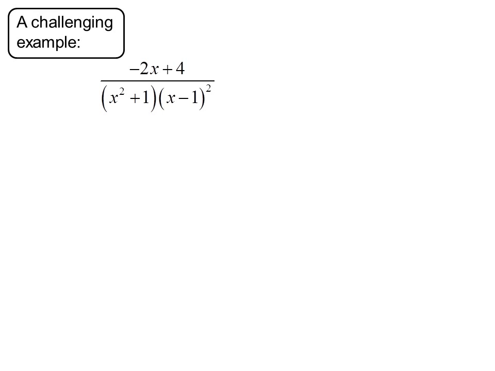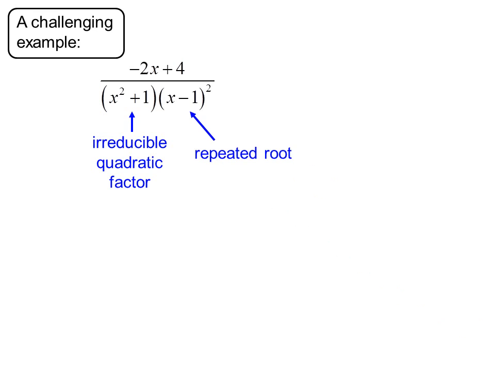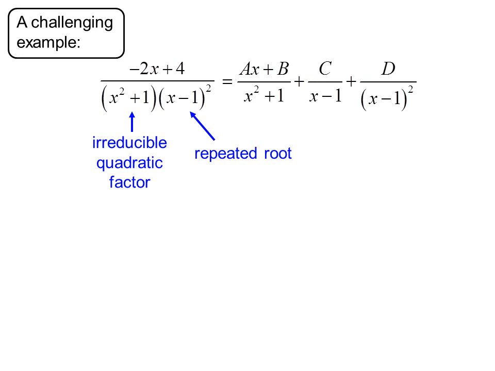Here's a challenging example. I have negative 2x plus 4 over x squared plus 1 times x minus 1 squared. This contains an irreducible quadratic factor and repeated root. So when we expand, it would look like this. Ax plus b over x squared plus 1 plus c over x minus 1 plus d over x minus 1 squared.